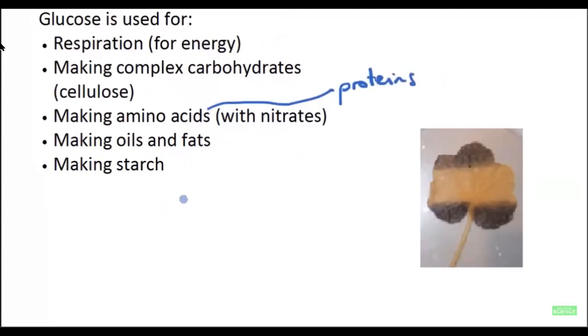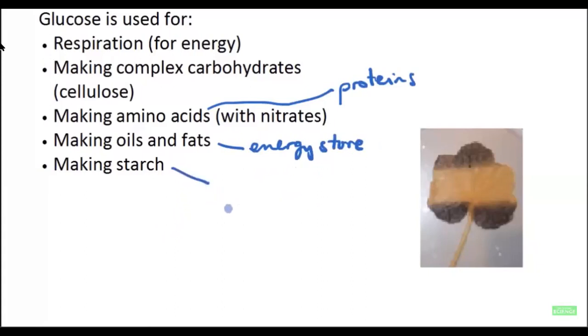Plants also use glucose to make oils and fats, and they use them as a long-term energy store. So they store those often in nuts and seeds as a long-term energy store. Some glucose is converted to starch for storage.